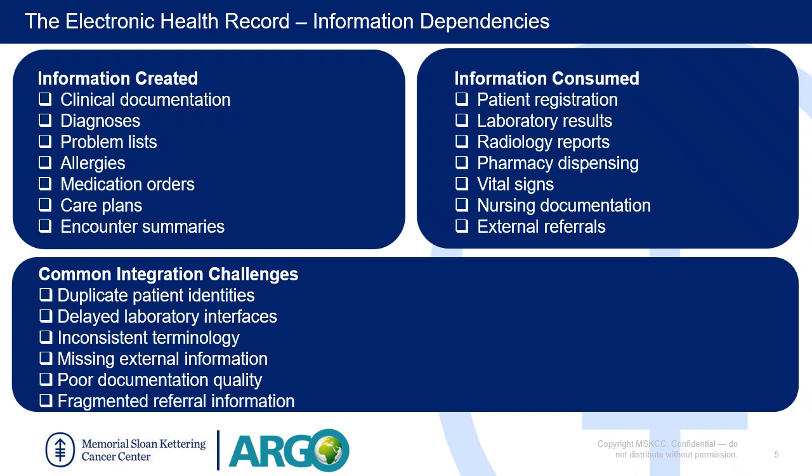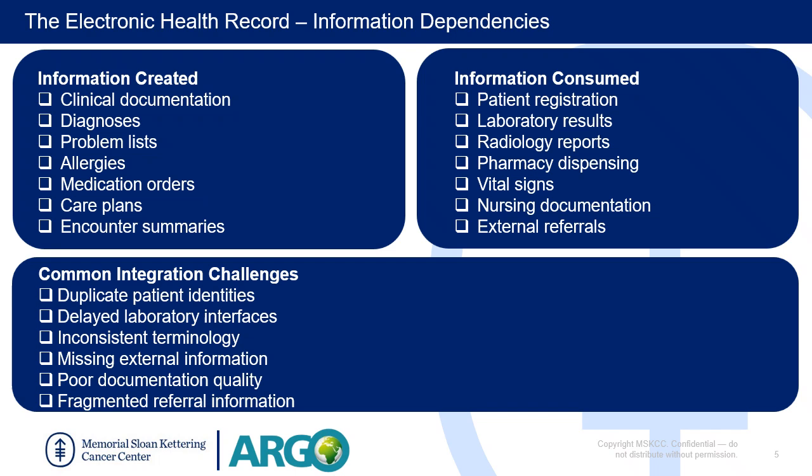Now, if this integration is not done right, the integration between the electronic health record system and the other specialized systems, challenges arise, right? So you then have duplication of patient identities, because you may have a patient registered in the patient registration system, but then you go to the lab and do the same registration.